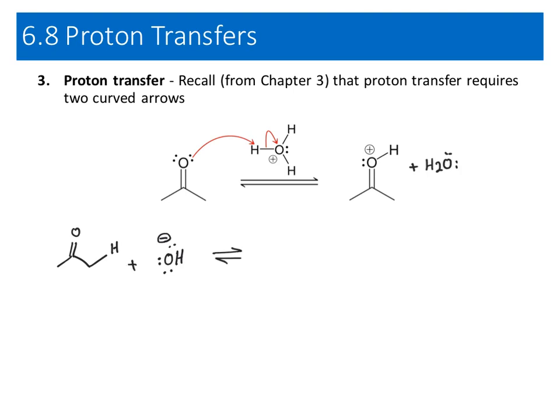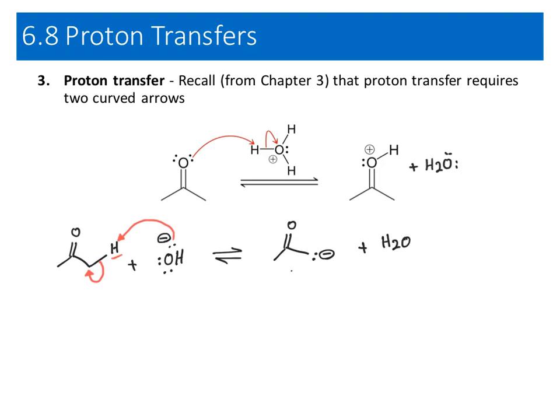It can attack the most acidic proton in the molecule, which is this hydrogen right here. So it can attack that and push the bonding electrons towards the carbon to form this product plus water.